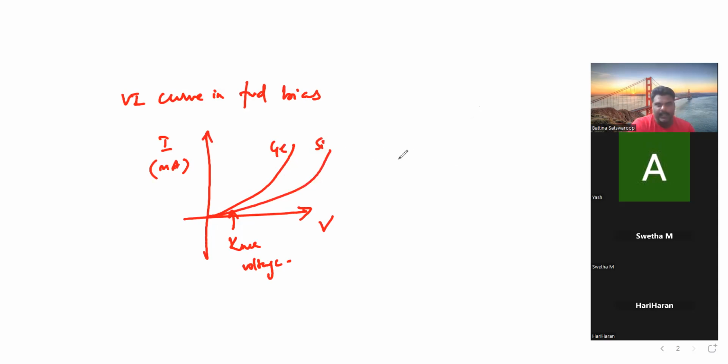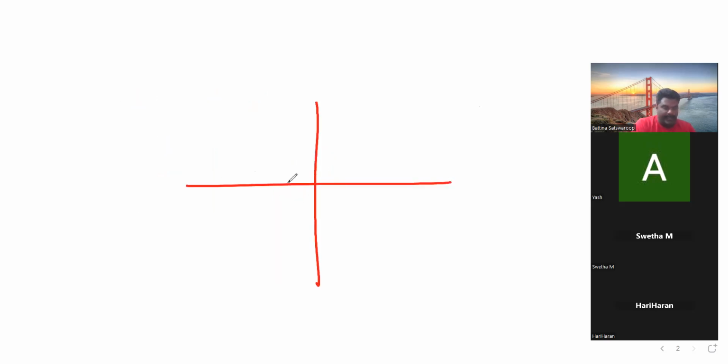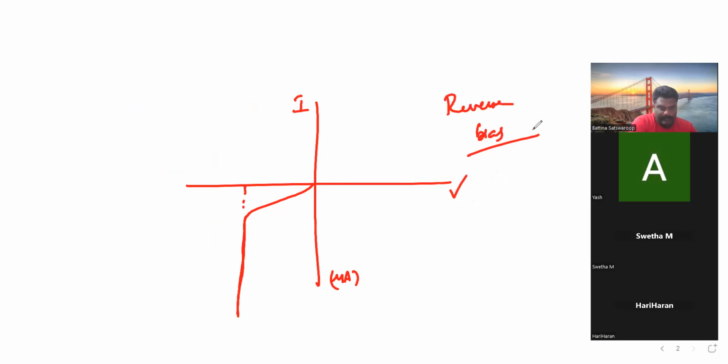Check your book for better clarity on the picture, I'm not drawing properly. Next, you have your breakdown voltage. It goes like this up to here, then suddenly drops down from there. So this is the VI curve in reverse bias condition. Here you are measuring in microamperes, plotting I and V. Okay? Okay, sir.